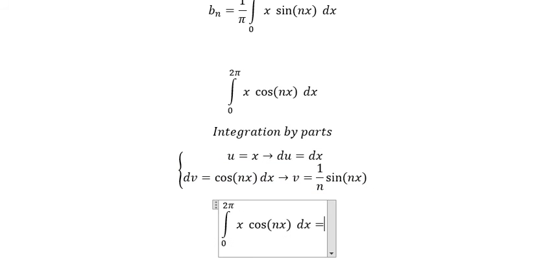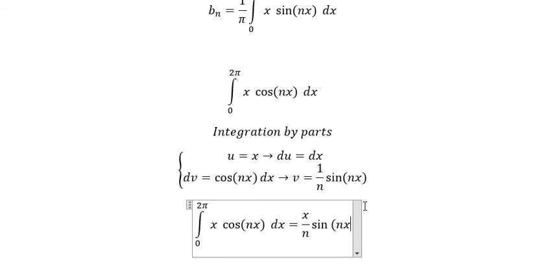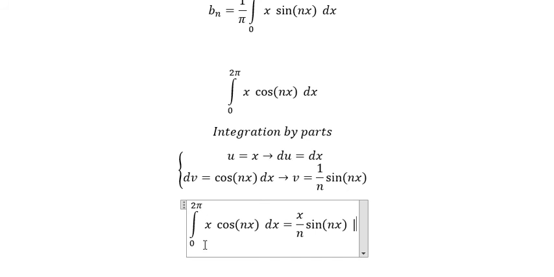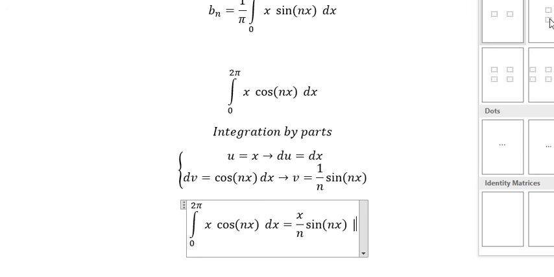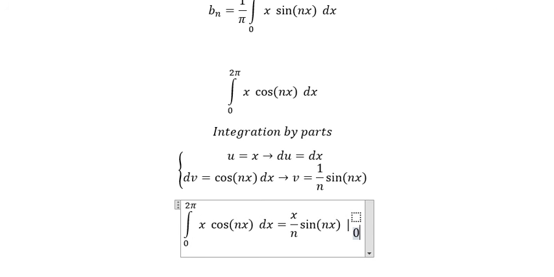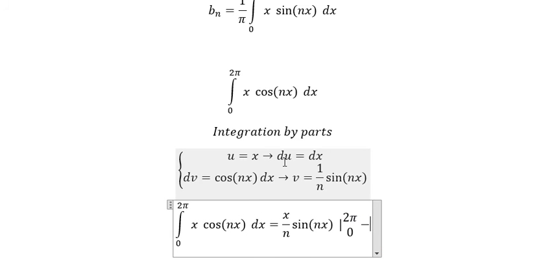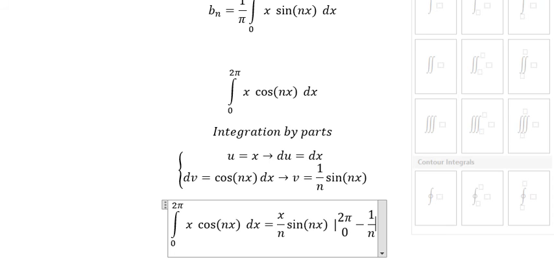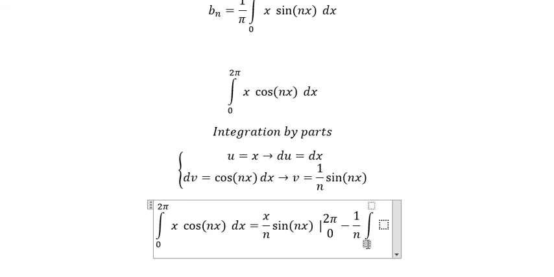So we have u multiplied by v, and we put the bounds from 0 to 2b. Minus, we have v multiplied by du, and now we have the integration from 0 to 2b.